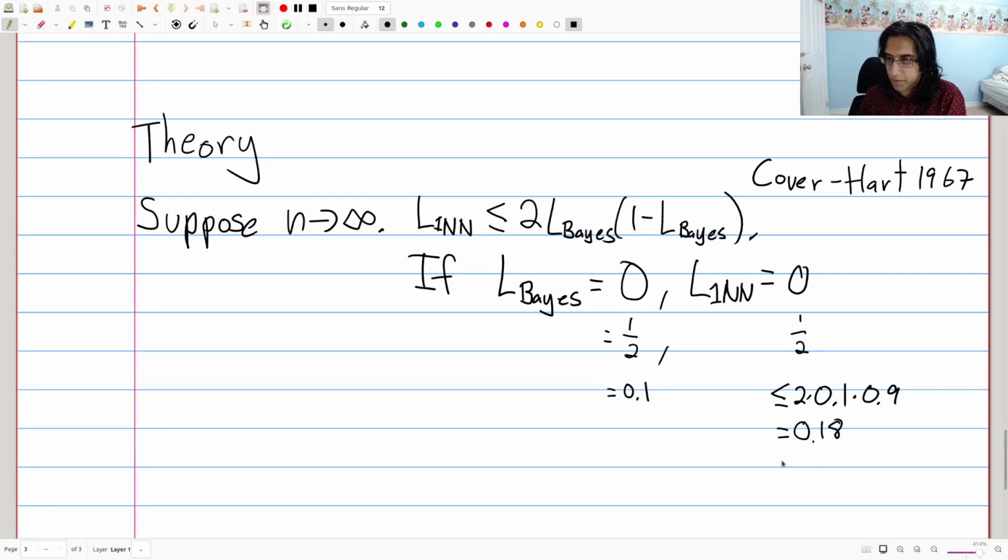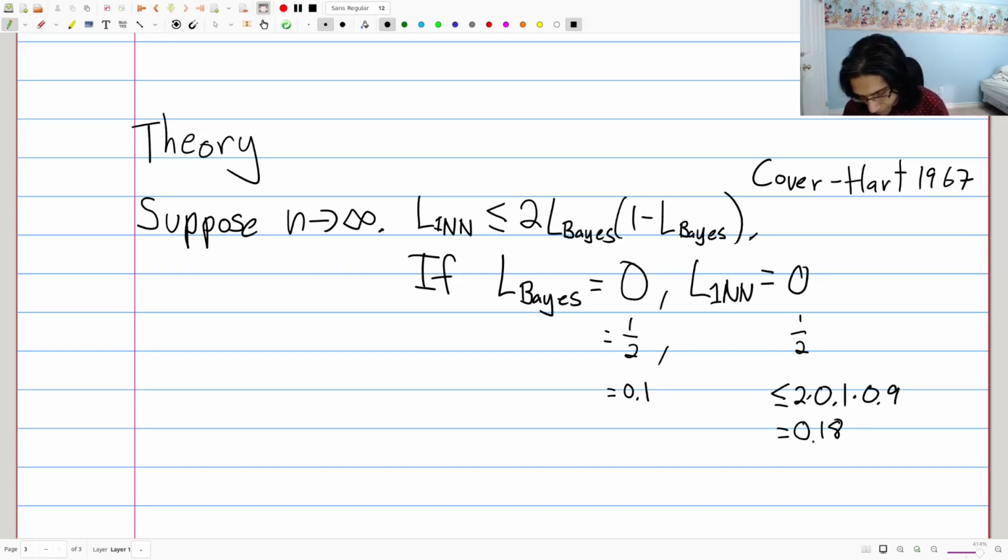Yeah, that should be right. And so you can see that it's roughly a factor of 2 off from what the Bayes optimal classifier would give. There's also more complex theory that we can say for when you have, say, k nearest neighbors with k to be 2, 3, or for general k. But that's just one sort of theorem that I wanted to say, and how we relate this to the Bayes classifier in the sense that this can be competitive up to a constant factor.